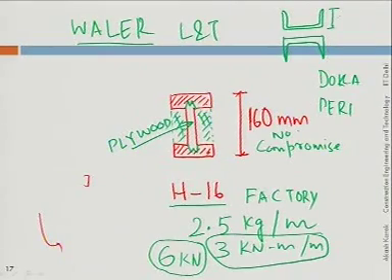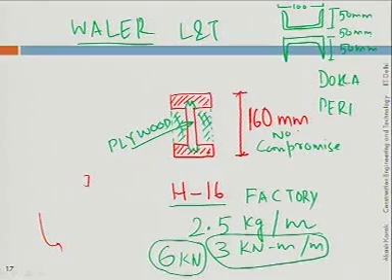This channel width is 50 mm here, here again 50 mm, and this depth is 100. There is a gap of about 50 mm in between. This 50 mm gap is used for inserting the tie rods.